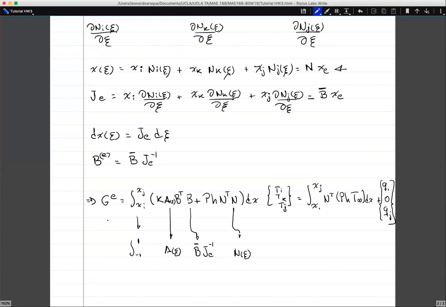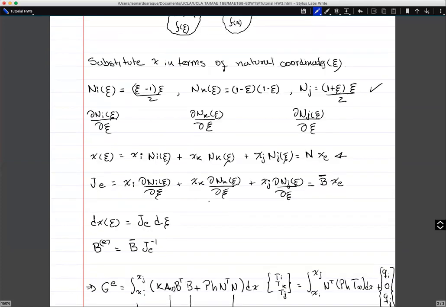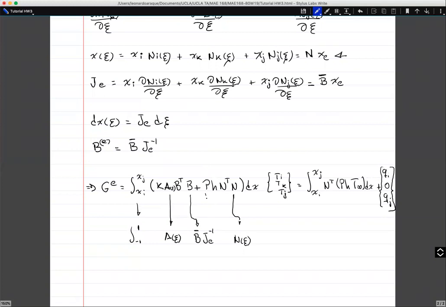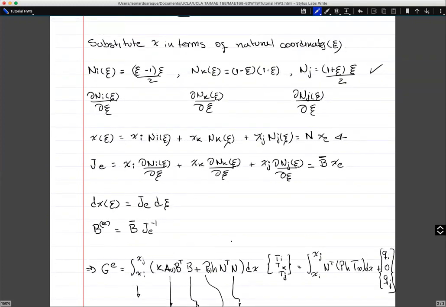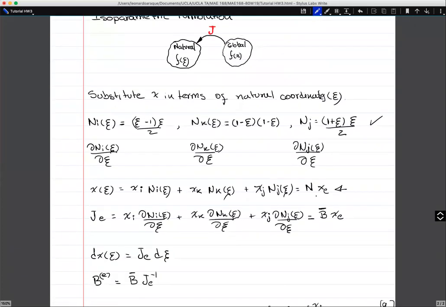Okay, one more thing. I see that I forgot the perimeter here. The perimeter was also a function of x. Now the perimeter will be a function of psi. And similar to the definition of the area, x will be substituted by the corresponding expression above, where the shape functions multiply the x for each of the elements.